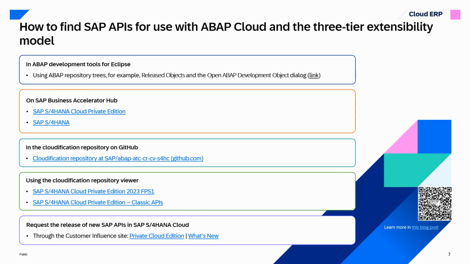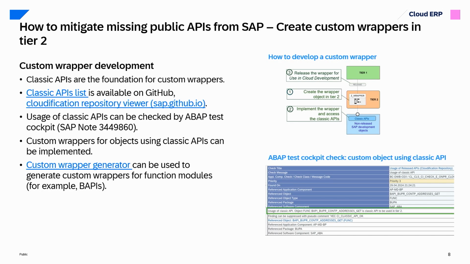The list of public APIs is also available on the SAP Business Accelerator Hub and, in addition, in the Cloudification repository on GitHub. Thereby, you can use the convenient Cloudification repository viewer to browse the content. And of course, you can anytime request the missing public API from SAP via the corresponding customer influence site.